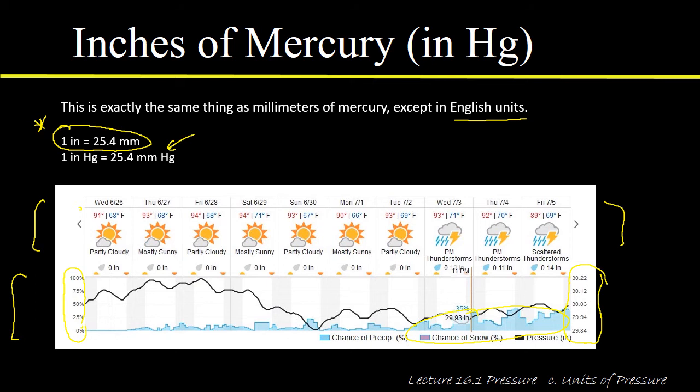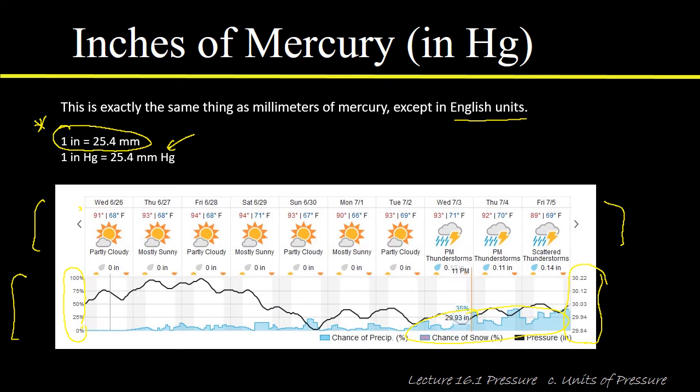The reason that barometric pressure is important is because low pressure is associated with the arrival of weather fronts, and weather fronts usually have rain or storms with them. So if you observe a drop in the pressure, that's an indication that rain is coming.